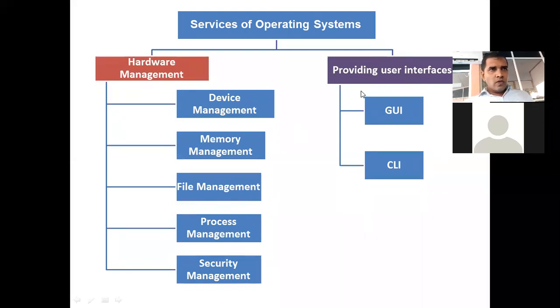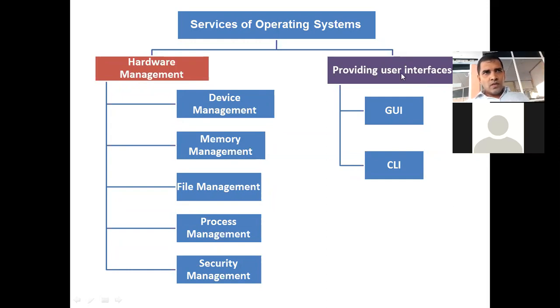On the other side, we have another service, which is providing user interfaces. So operating systems provide us what we call user interfaces. This term user interface seems to be new for most of you. I will explain that term from a very simple basic idea, so wait.